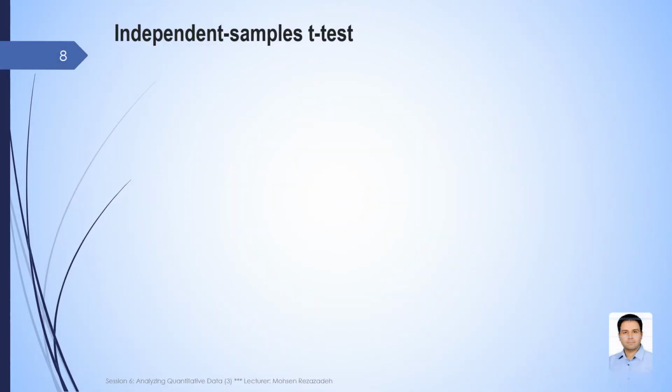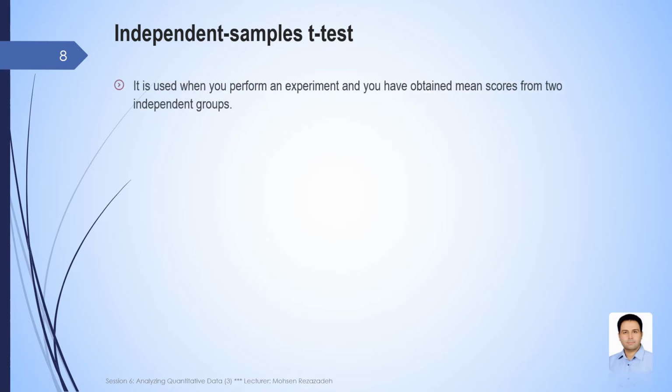Now, the first type is the independent samples t-test. It is used when you perform an experiment and you have obtained mean scores from two independent groups. Remember that here we're talking about two different groups.